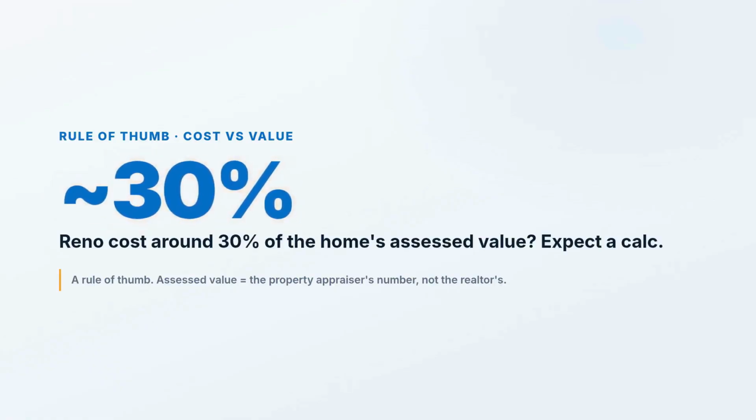The assessed value according to the property tax appraiser is what the value is. So if you have a $70,000 home according to the property tax appraiser, and your renovation is greater than 30% of that $70,000, you are going to be required to have an energy calculation done based on the items.